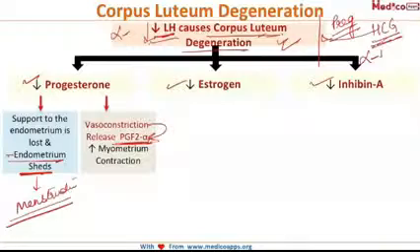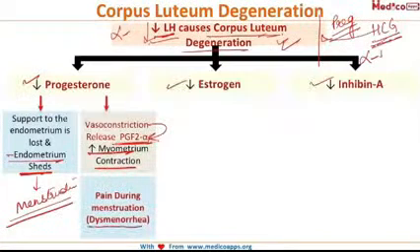And this PGF2 alpha increases the myometrial contractions, subsequently leading to dysmenorrhea, the pain during menses. So, the pain during a normal menstrual cycle is because of the vasoconstriction leading to the release of PGF2 alpha, subsequently causing myometrial contraction. Again, an important question.